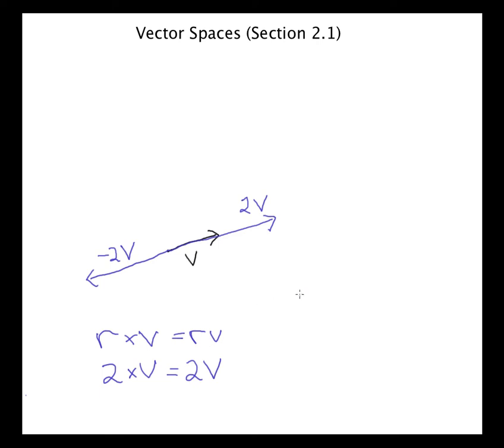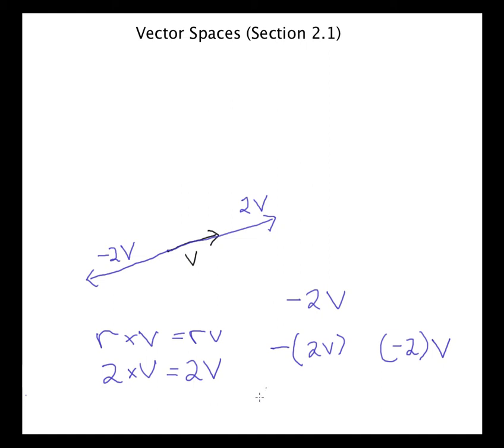Now, let's check something here. I wrote minus 2v. What do I mean by that? Do I mean minus 2v, or do I mean minus 2 times v?